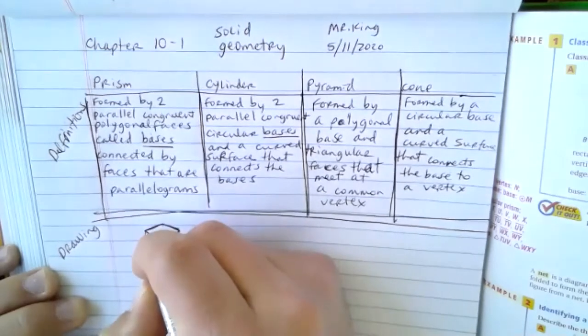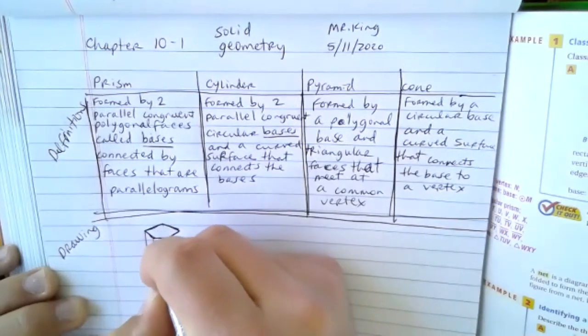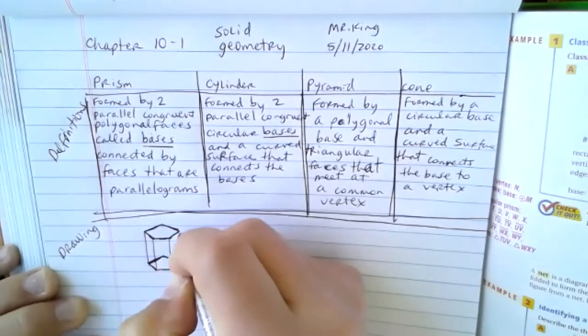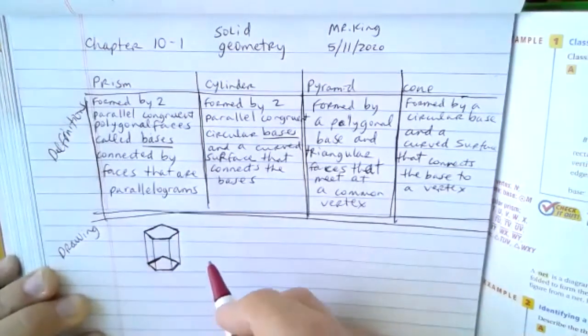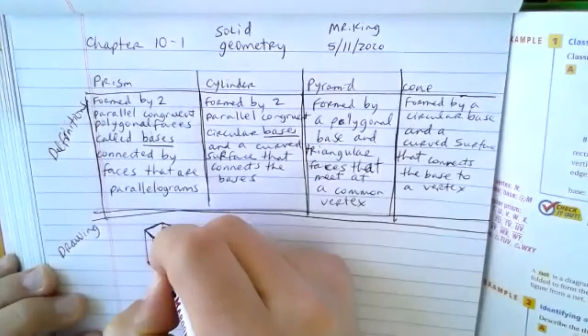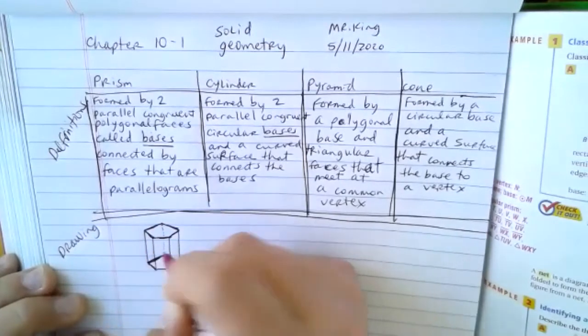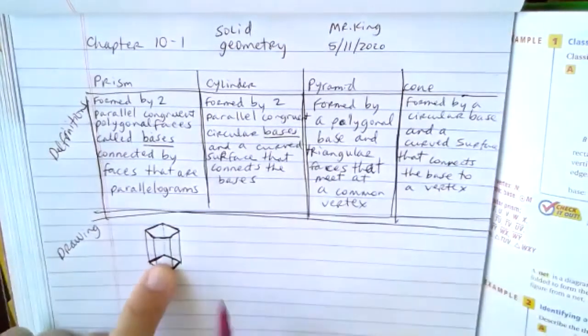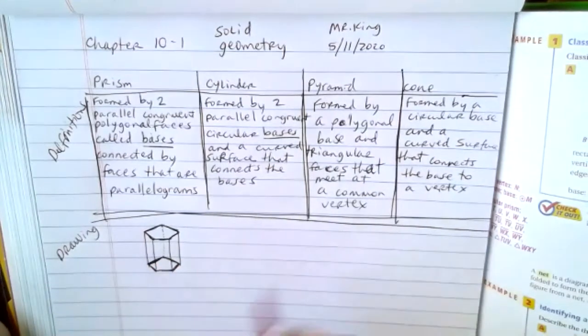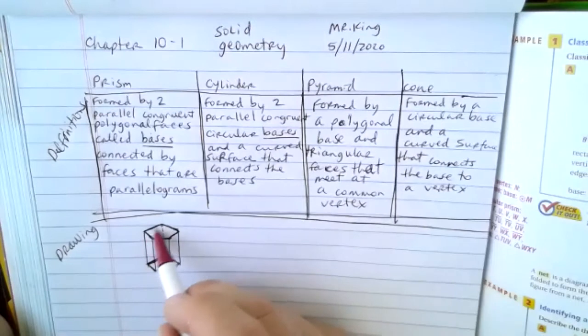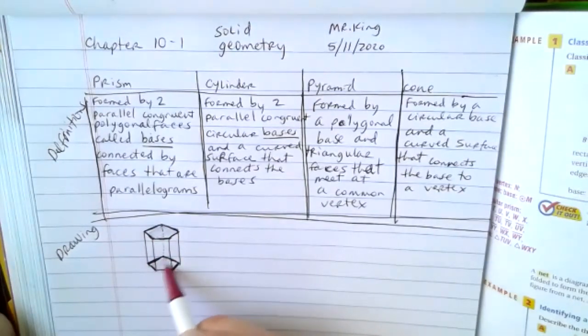So I'm going to come on down and draw a straight line down, down, down, down. Now what I just did is I drew the edges. All right, I'm going to draw another edge in the back that you can't see. Now if I were drawing this correctly, I should have dotted this side and this side, but hey, we're going to go with it just like it is. And so we're going to shade lightly the top and the bottom.